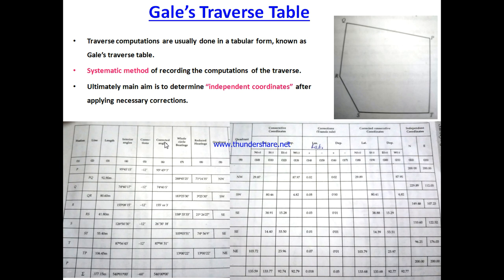So in the form of corrected angle we are getting 95 degree, 45 minutes, 3 seconds. Similarly, from this particular interior angle we have deducted 12 seconds, from here we have deducted 12 seconds, from here we have deducted 12 seconds, and from this angle we have deducted 12 seconds.